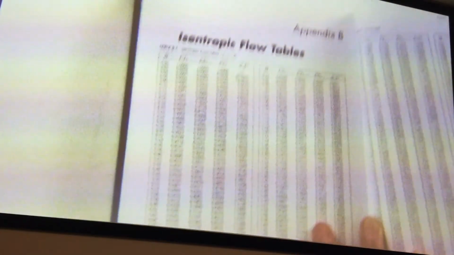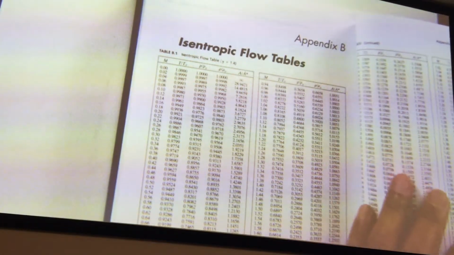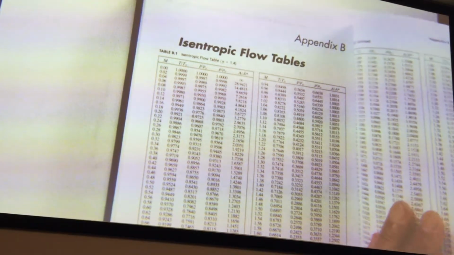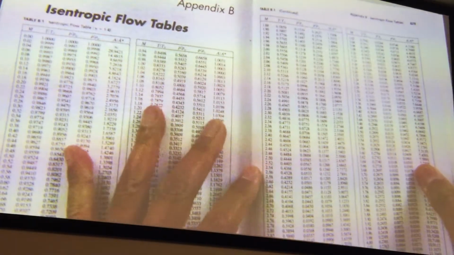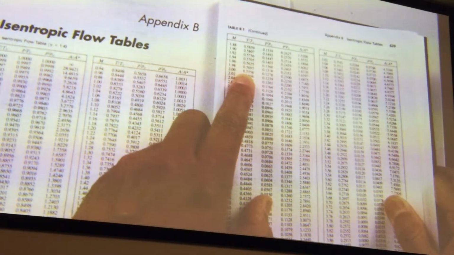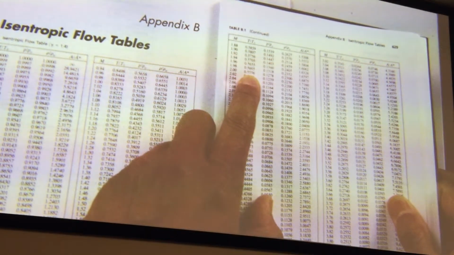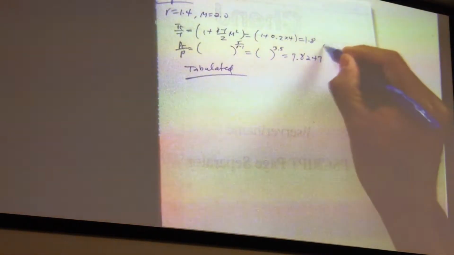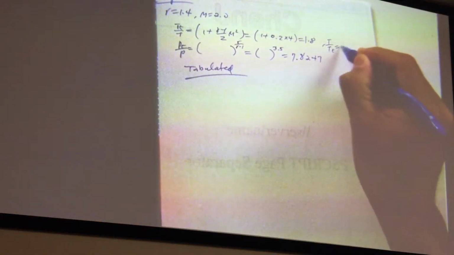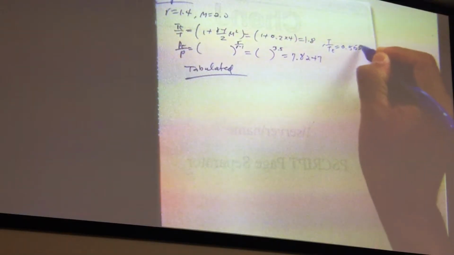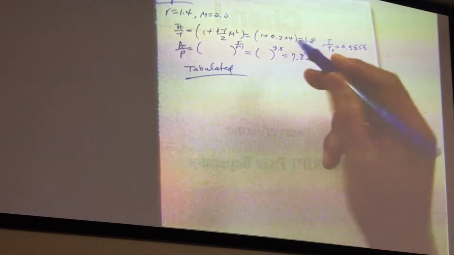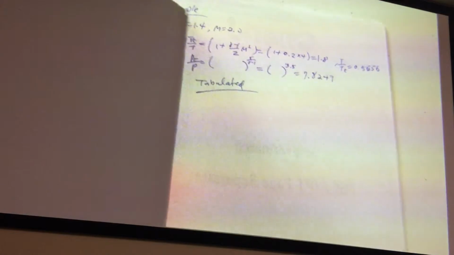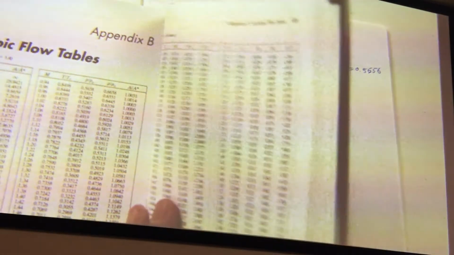Page 628. This is for gamma equal to 1.4. So for example, M equal to 2 is here, right? So you have T over T0 is 0.5556. Well, that's nothing more than this, right? So you have T over Tt equals 0.5556. Take a simple one. So that's it.